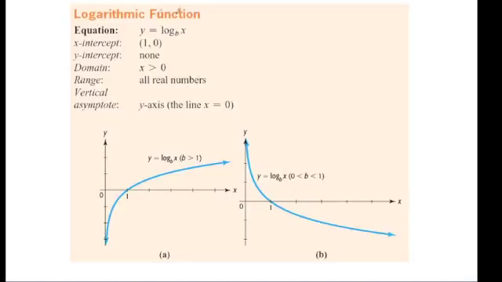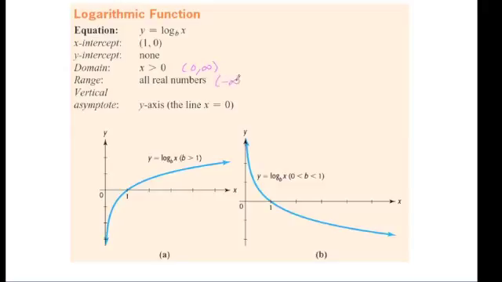When we graph the logarithmic function, the logarithmic function is the inverse of the exponential function. So if we have the equation y equals log base b of x, the x-intercept is 1, 0. The y-intercept there is none. The domain is from 0 to infinity.